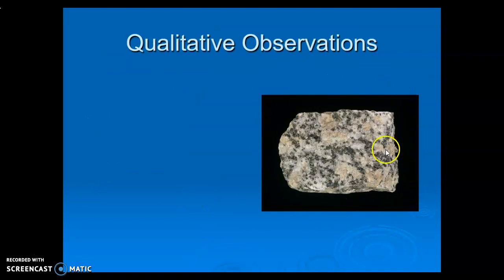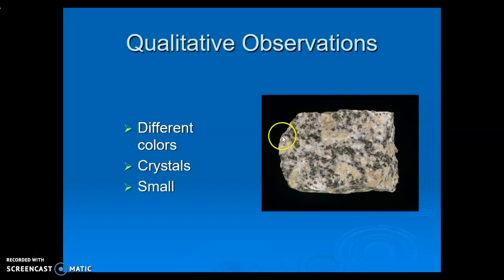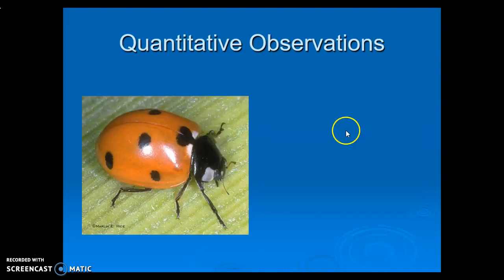So let's take a look at this rock. This is a piece of granite. We're going to make qualitative observations about it. Some things we could say about it that are qualitative: it has different colors. There are crystals in it. That's what all those little specks are. It's small. This is not a very big rock.